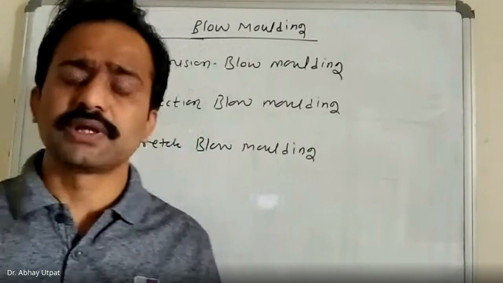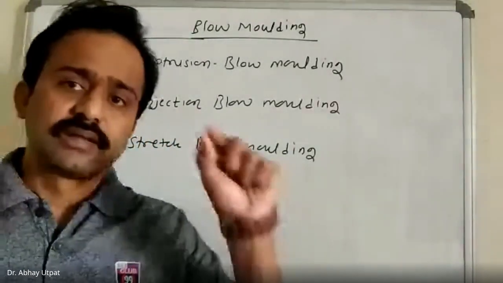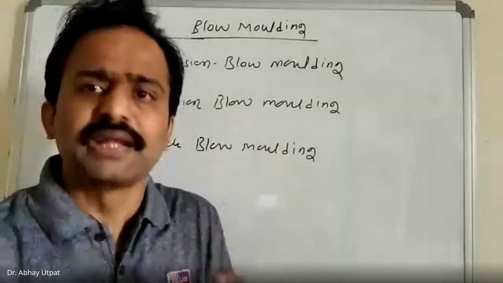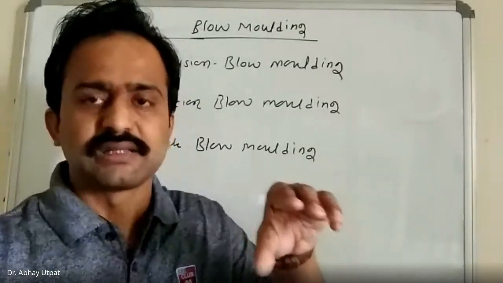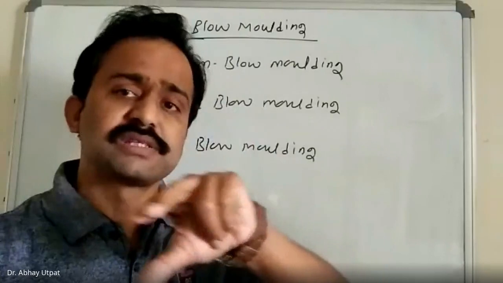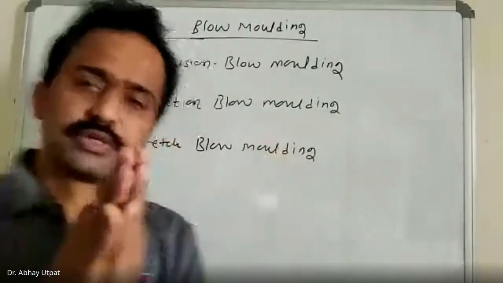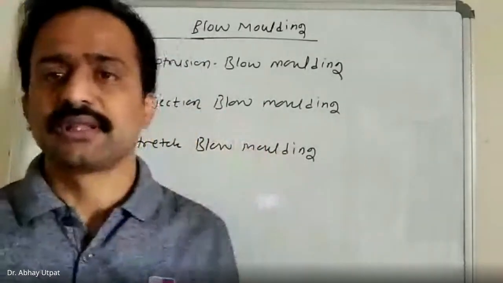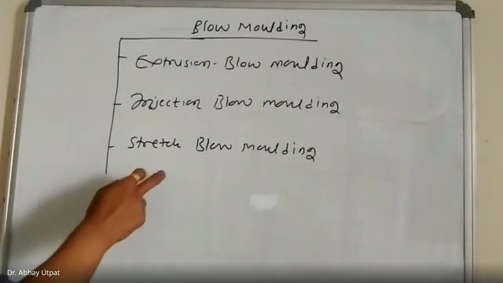Then you can see this process as the plasticized plastic, in the term of preheated, we call it a preform. So your preform is in the form of a pipe, and then that pipe is closed into the die, and then it will be swelled. Now this happens with three different types: extrusion blow molding, injection blow molding, and stretch blow molding.